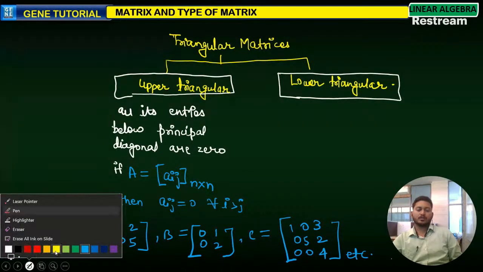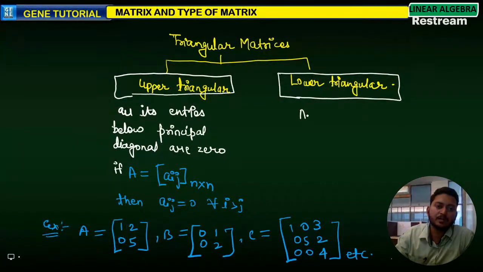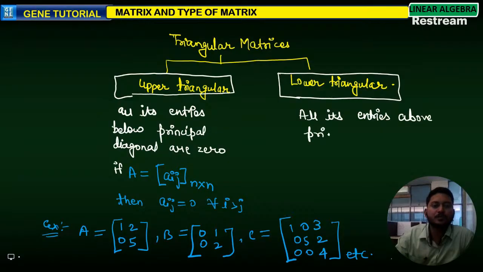Now, about lower triangular matrices. A lower triangular matrix is one where all its entries above the principal diagonal are 0.